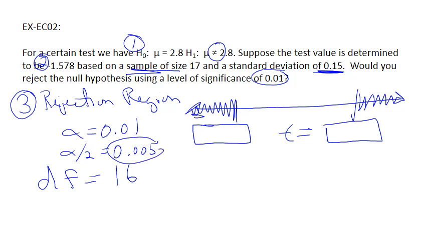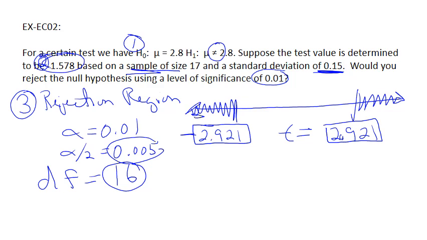Using this information and this number for our row, we look up our t-score, and our t-score is 2.921. Over here, it's negative 2.921.